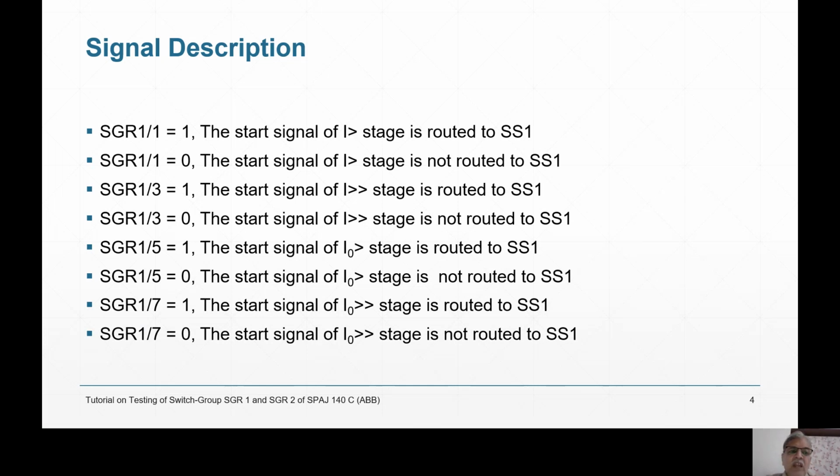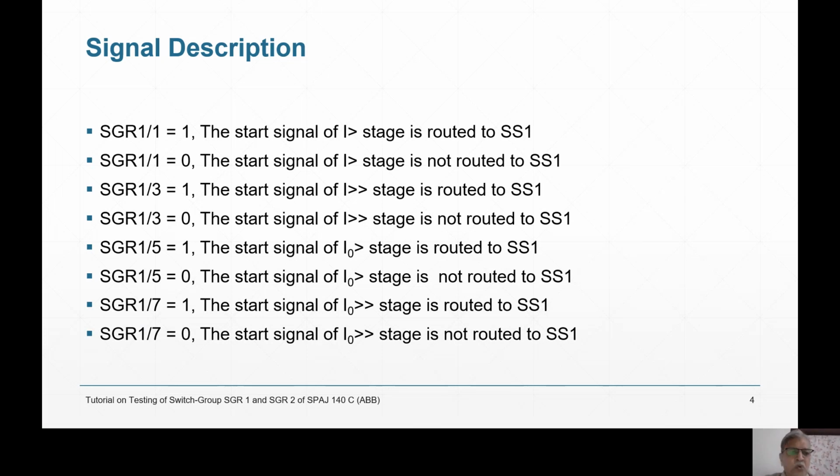So SGR1 oblique 1 will start and it will route the signal to SS1. But if you make it 0, then the signal will not be routed to SS1, means start indication is not available if you so want. Similarly, SGR1 oblique 3 is for I double greater than, routed to the same SS1.